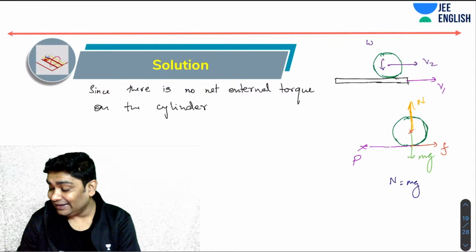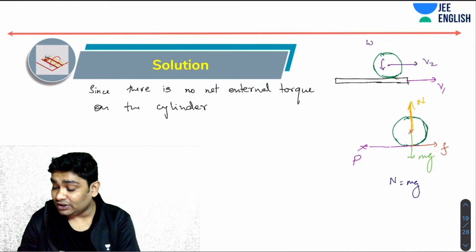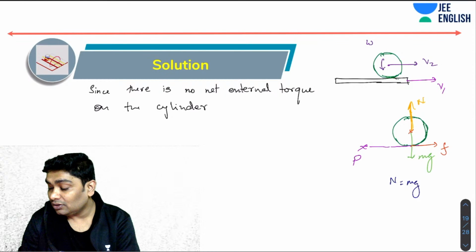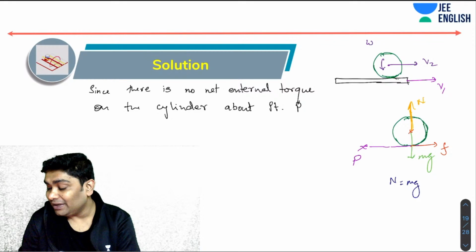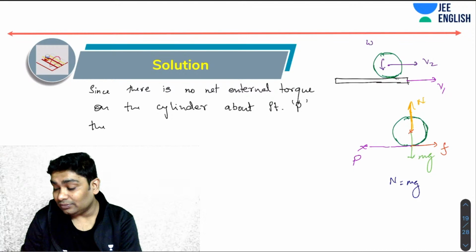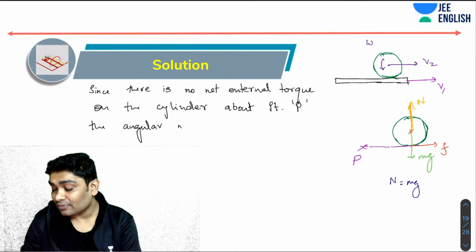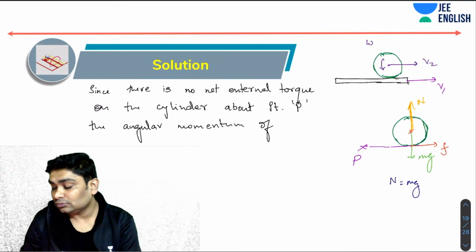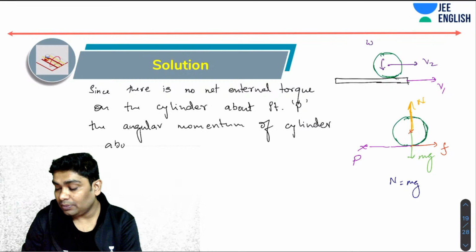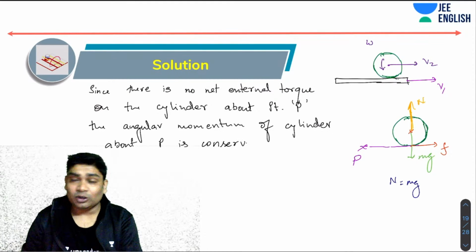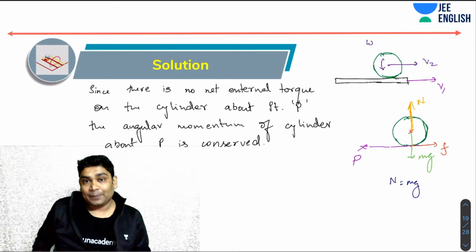On the cylinder, since there is no net external torque on the cylinder about point P, the angular momentum of the cylinder about P is conserved. Think about this and let me know if you follow.